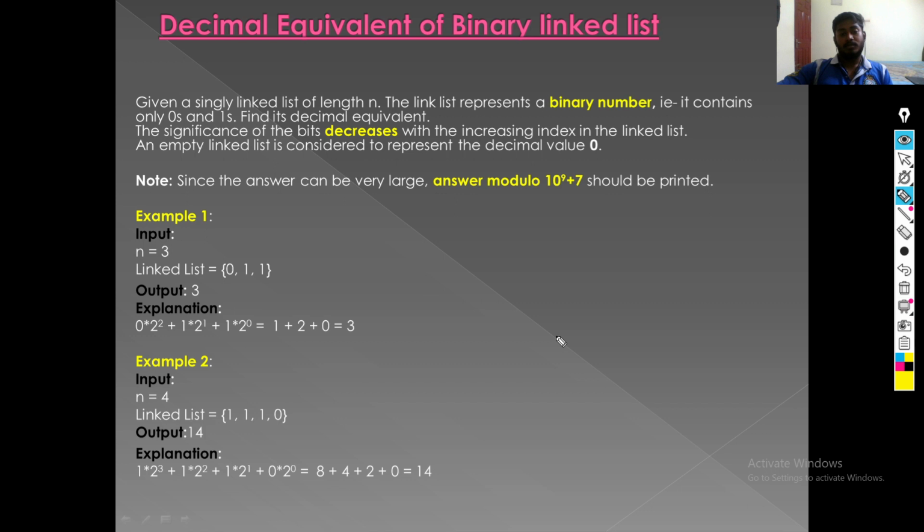And another concept is a linked list. I hope you guys are aware of linked list and how it works. In case you don't know, I will give a quick recap. Linked list is a kind of storage mechanism of the data.